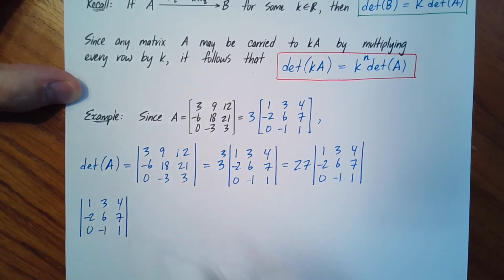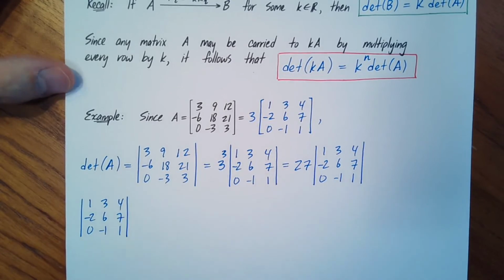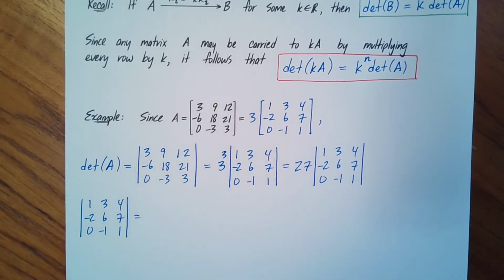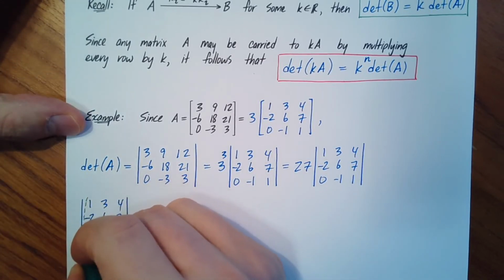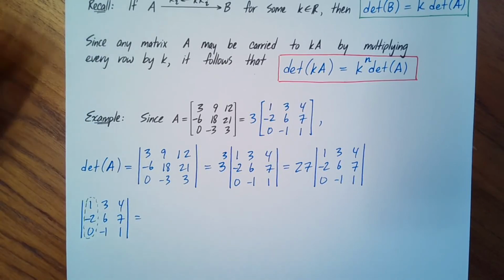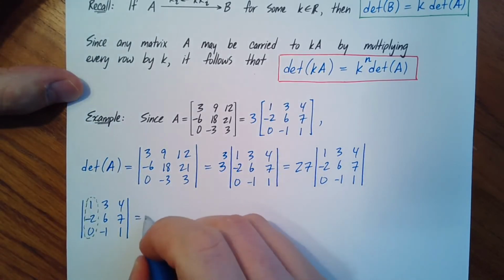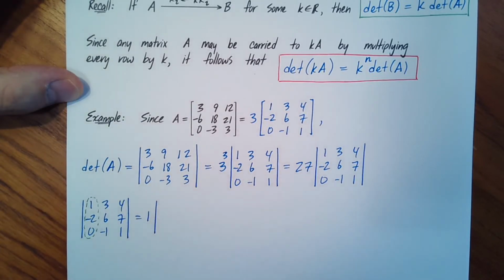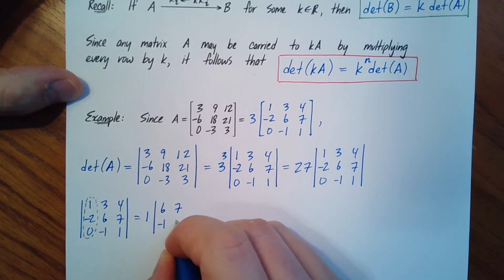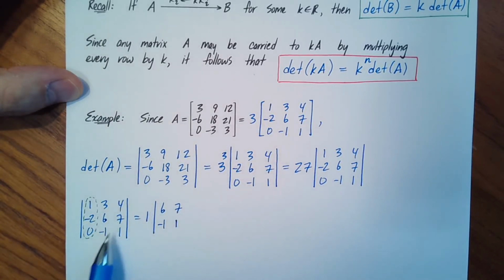We've written this out a few times now. That'll be the last time. Let's do cofactor expansion. How about the first column, since it's got a 0? If we're going to do cofactor expansion, the first column is probably a good choice to use. So we'll get 1 times the corresponding minor, so the determinant is 6, 7, negative 1, and positive 1.